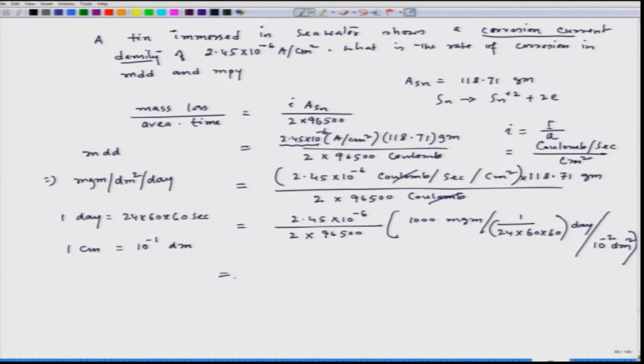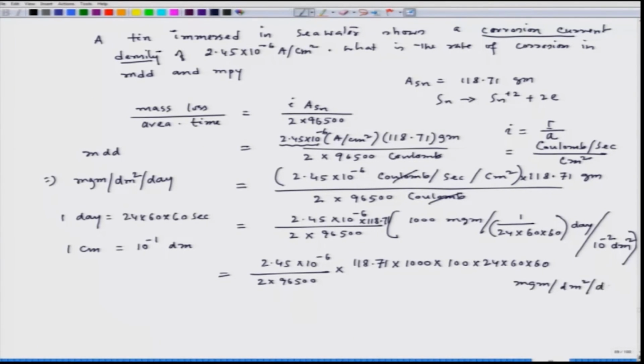So, the final expression would come as 2.45 into 10 to the power minus 6 divided by 2 into 96500, into 118.71 gram, into 1000 into 100 into 24 into 60 into 60, this much milligram per decimeter square per day.